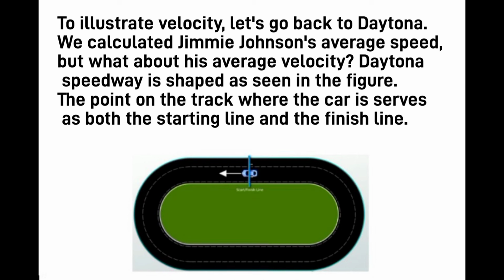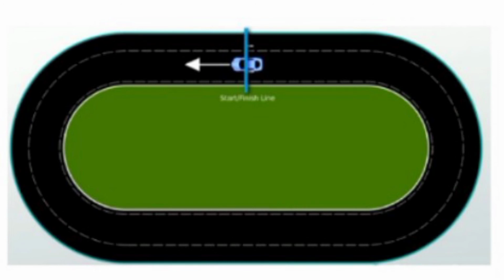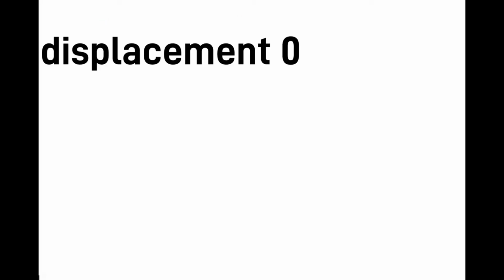To illustrate velocity, let's go back to Daytona. We calculated Jamie Johnson's average speed, but what about his average velocity? Daytona Speedway is shaped as seen in the figure. The point on the track where the car starts serves as both the starting line and the finish line. If we trace Jamie's path along the track for one lap, he starts and ends at the same position, making his total displacement 0.